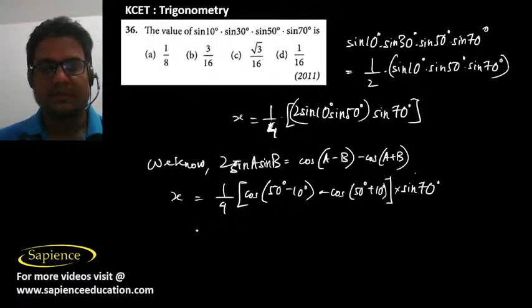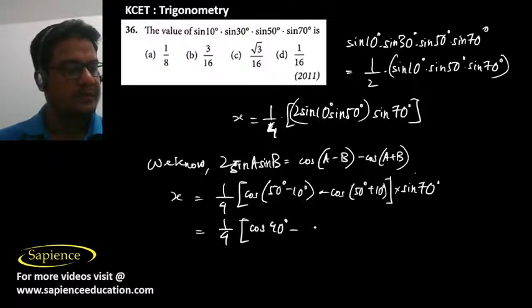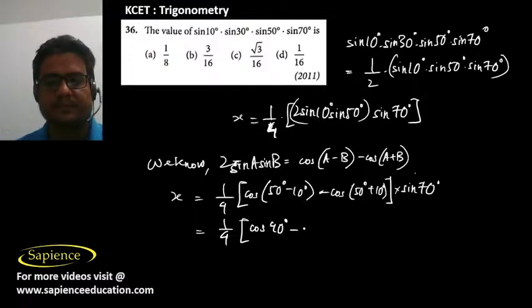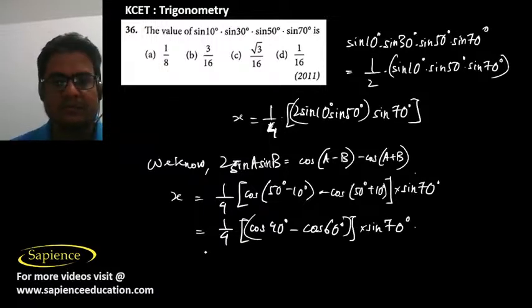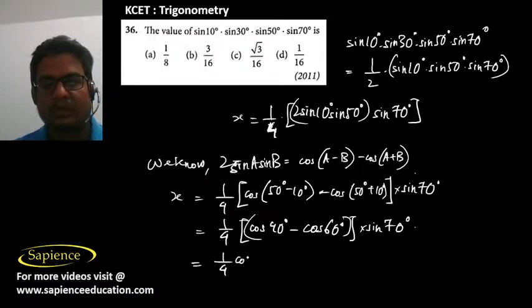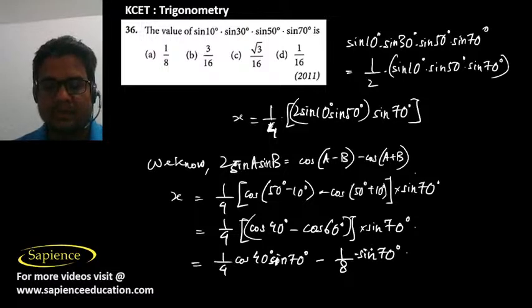So that will be equal to 1 by 4, this is cos 40 minus cos 60 into sine 70 degree. So this will be 1 by 4 into cos 40 into sine 70 degree minus cos 60 is half, so this is 1 by 8 into sine 70 degree.